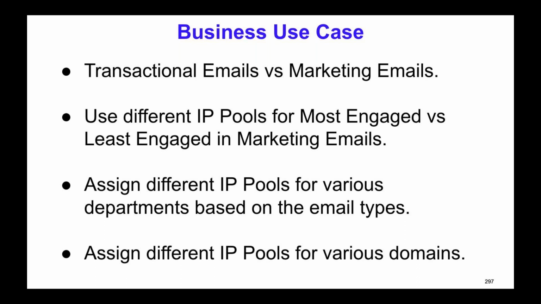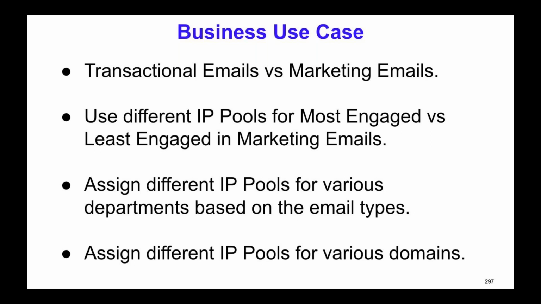If you want to secure the reputation for those most engaged people, you can create an IP pool, and for that segmented list of contacts or leads who are most engaged, you can divert the traffic via one IP pool versus the least engaged to a different IP pool. That is another business use case scenario.